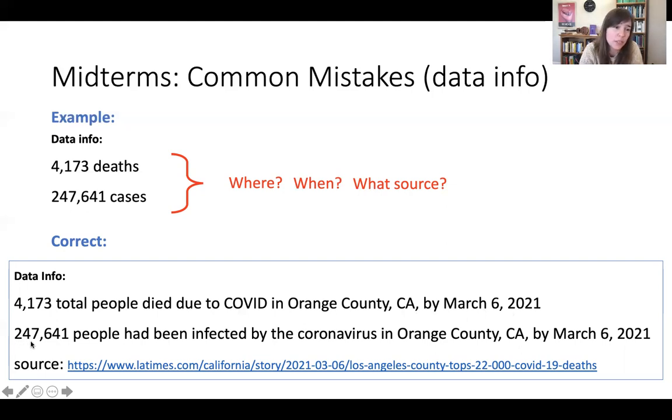And 247,641 people had been infected by the coronavirus in Orange County, California by March 6, 2021. And then here's a source that actually says it, an article published March 6th.